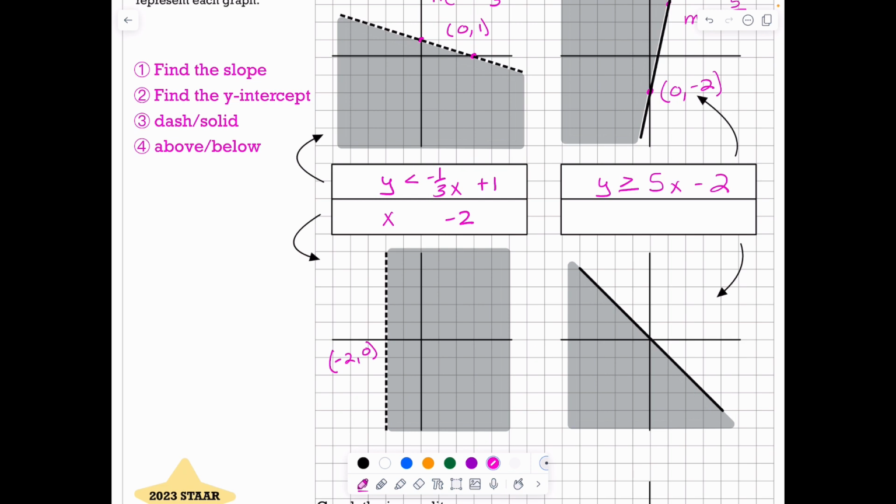And I am shading to the right of the line. So once you have these written out, make sure you eyeball it again and make sure it matches your graph before you move on to the next problem. So I have a vertical line x, dashed line, shading values that are greater than that line. That line occurs at -2. Okay, next.